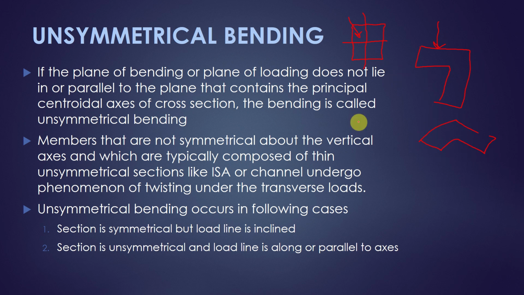These two cases will give you unsymmetrical bending. So these two points you have to remember most. The section is symmetrical but load line is inclined. The section is unsymmetrical and load line is parallel to any axis x or y. So in these two cases you will get unsymmetrical bending. We shall see in next classes about unsymmetrical bending with many more examples.